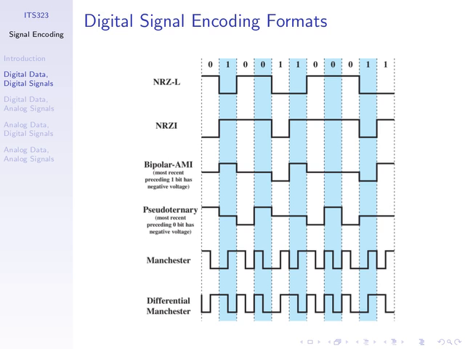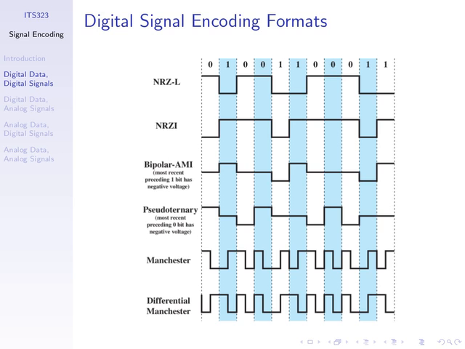We get to here, we have a bit 0 to transmit, therefore we maintain that high level. We do not invert. Bit 0, maintain the level. Bit 1, invert. Move to transmit at a low level. Bit 1, invert again, and so on. Whenever there's a bit 1 to transmit, we change the voltage level from positive to negative or negative to positive. So that's just a different encoding scheme.